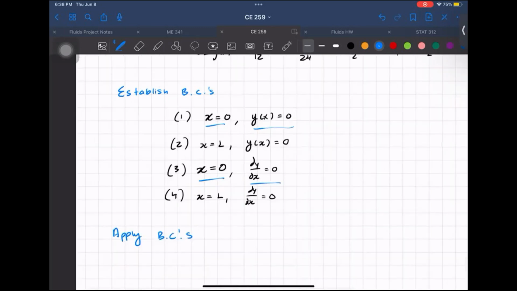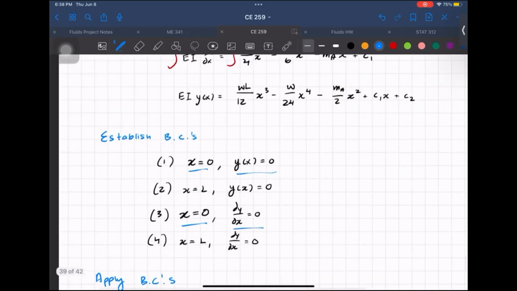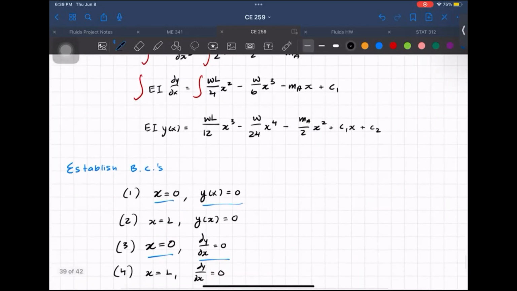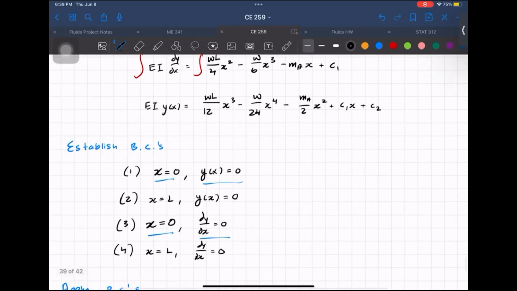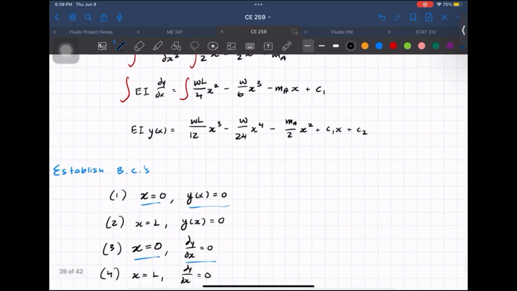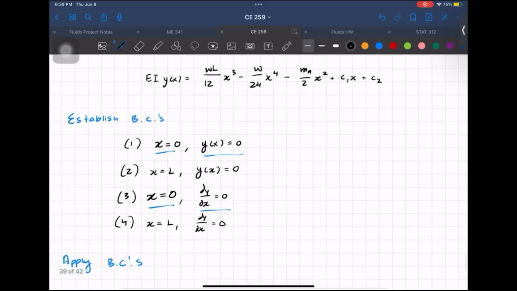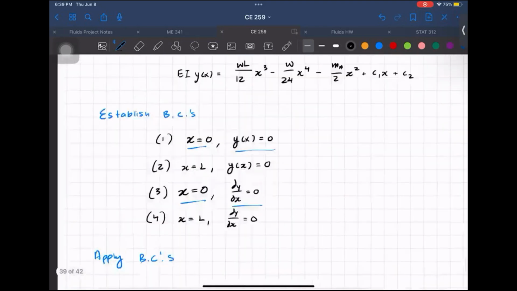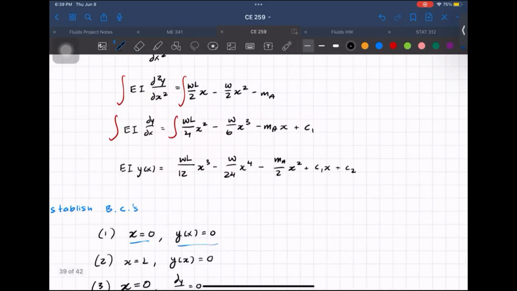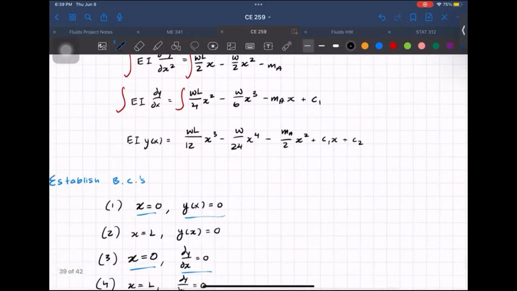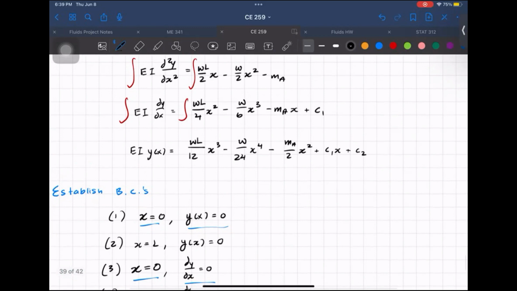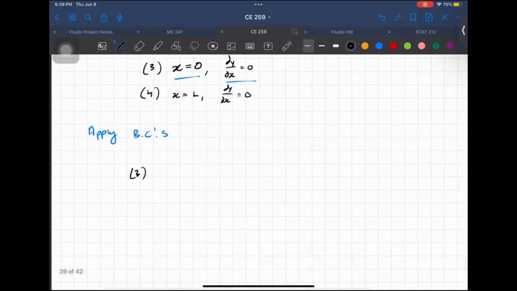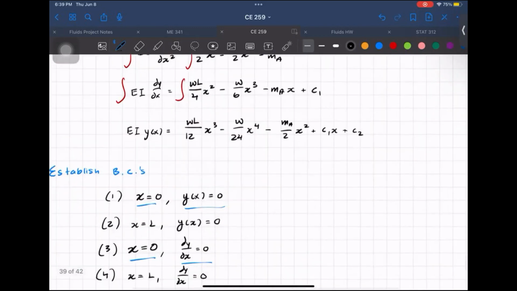You're going to see why I chose these ones first. If we substitute these boundary conditions to solve for our constants, let's do number 3 first. If we apply boundary condition number 3, x equals 0, dy dx equals 0, so that left side is going to be equal to 0.